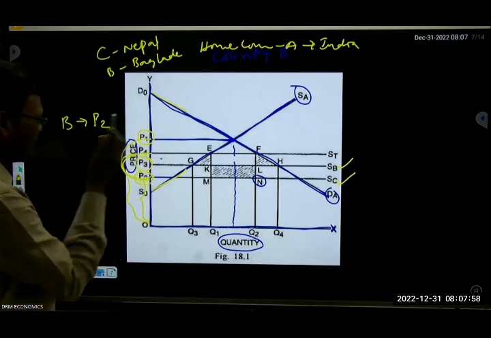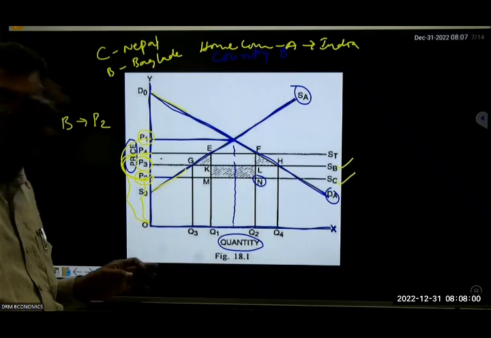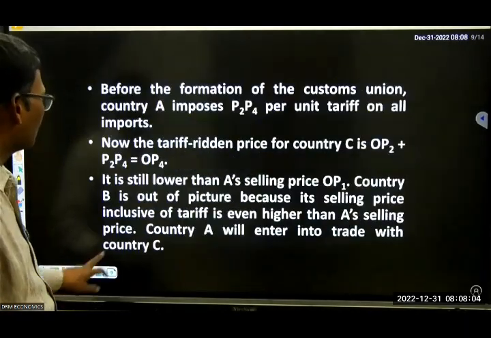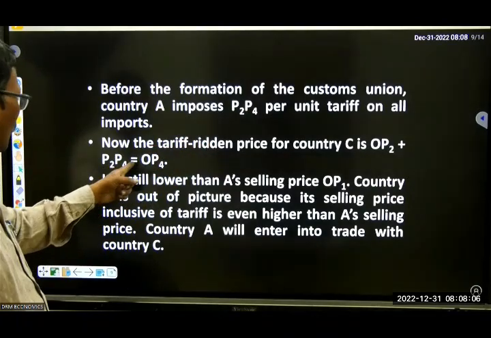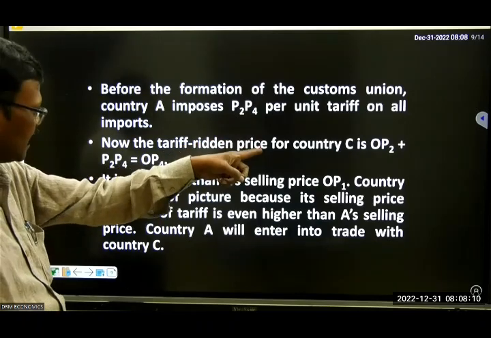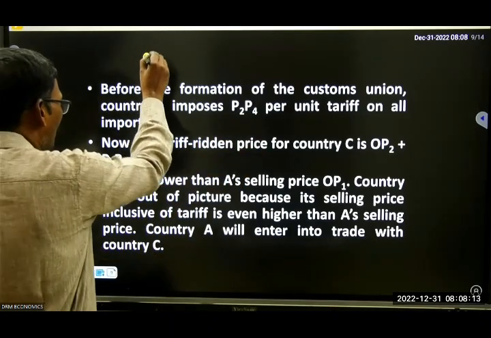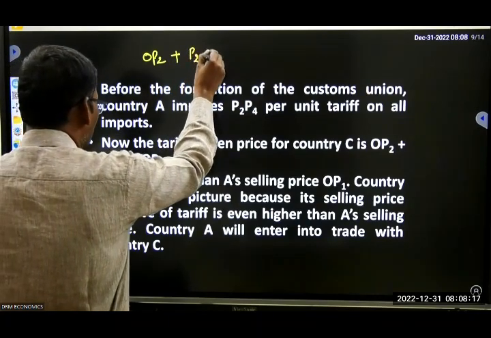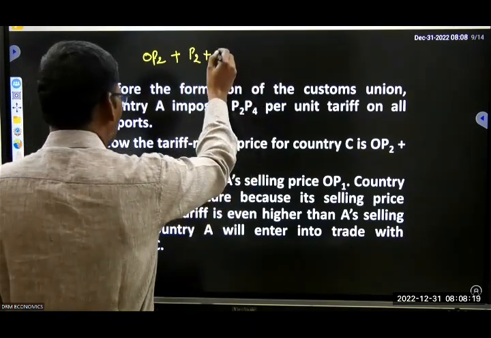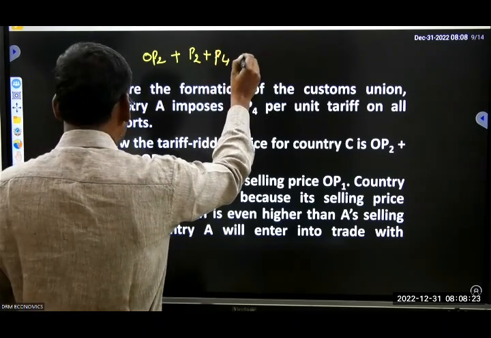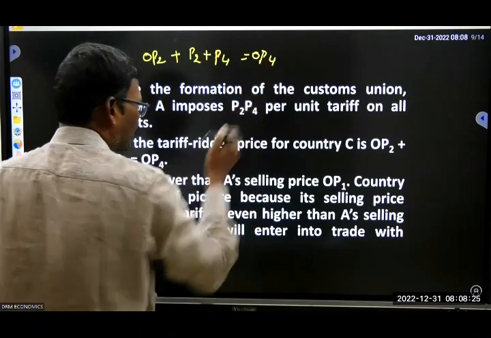This much tariff was imposed on all imported commodities in country A. And now the tariff-ridden price of country C is OP2 plus P2P4, which is equal to OP4.